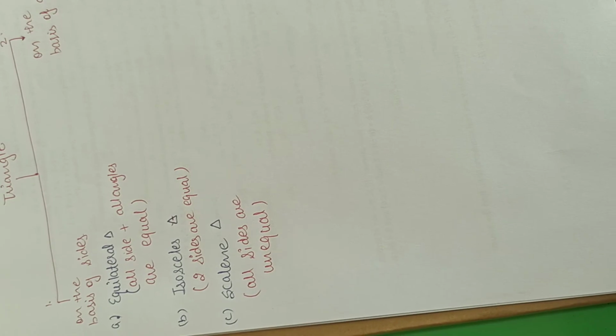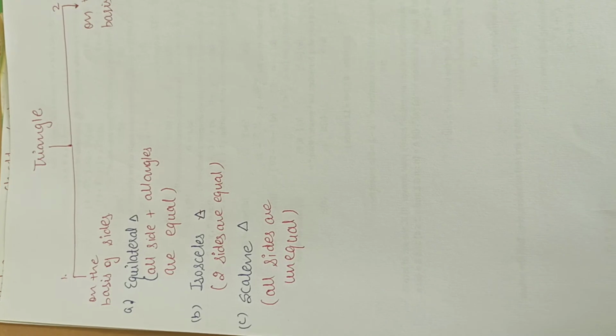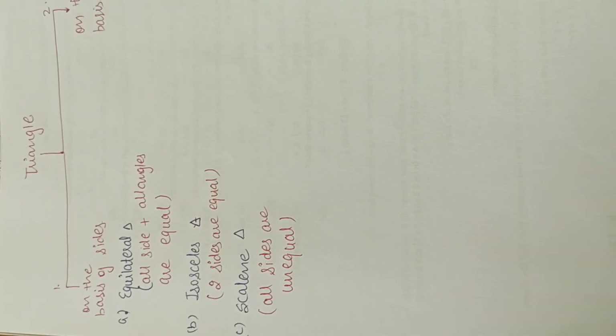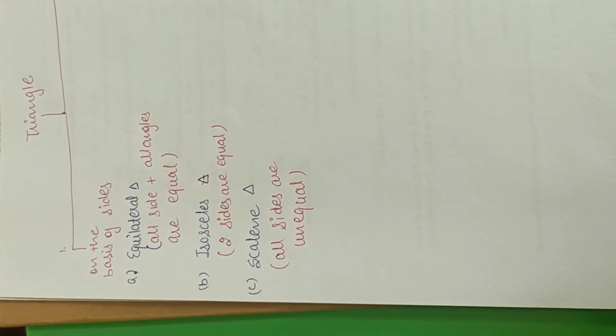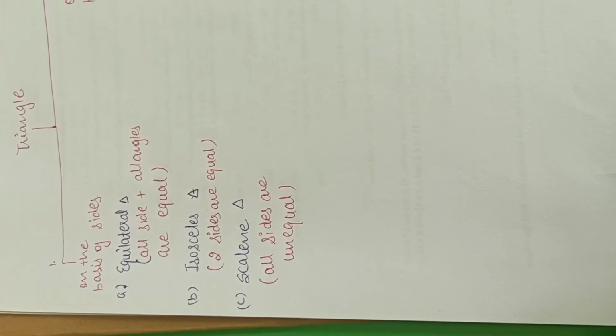Clear? Once again, on the basis of side, there are three types of triangle. First one, equilateral triangle, whose all sides and all angles are equal. Now, B part, isosceles triangle, the type of triangle in which two sides are equal.